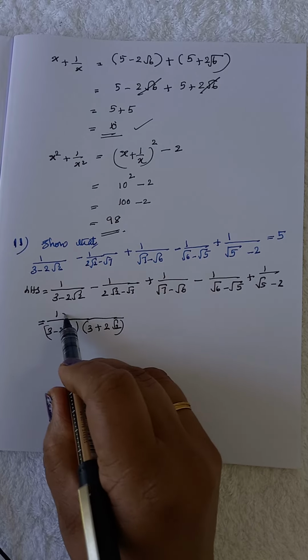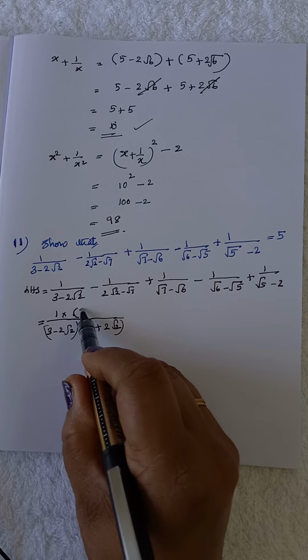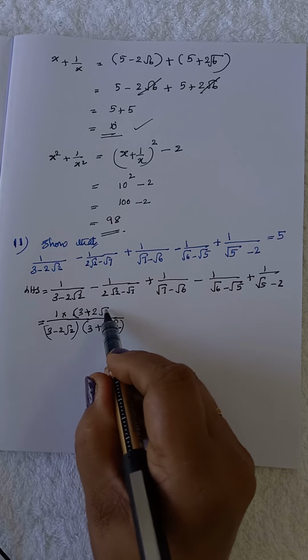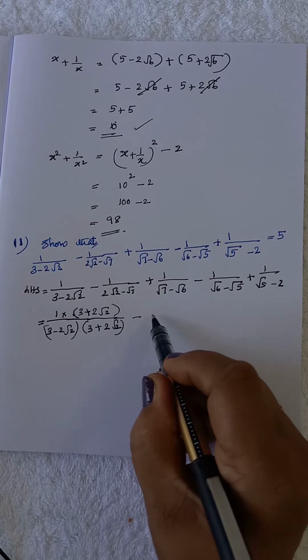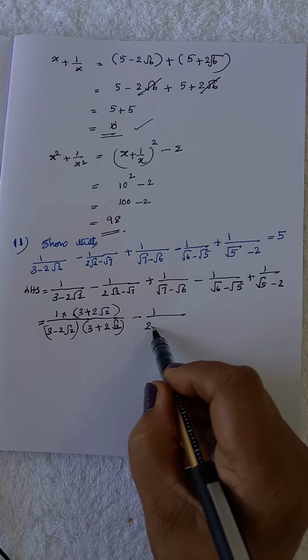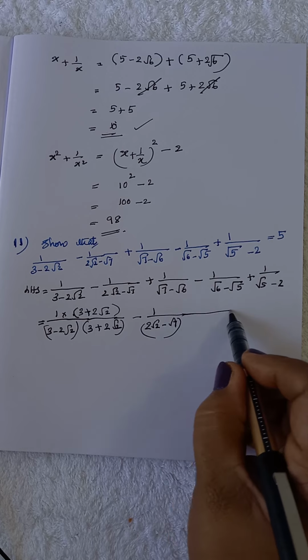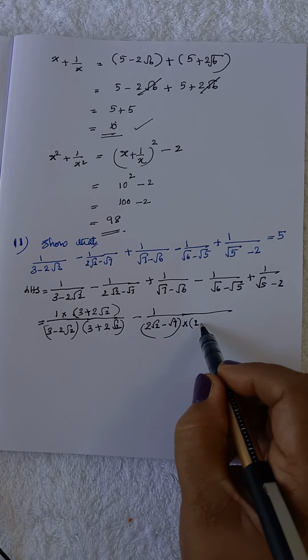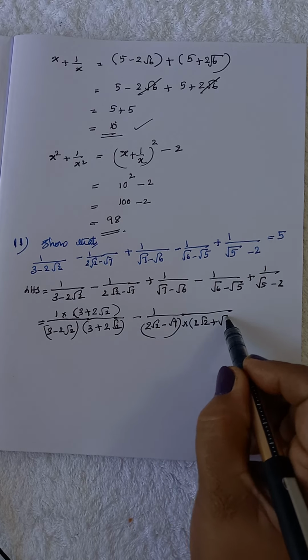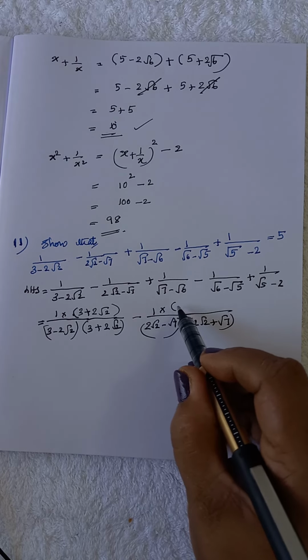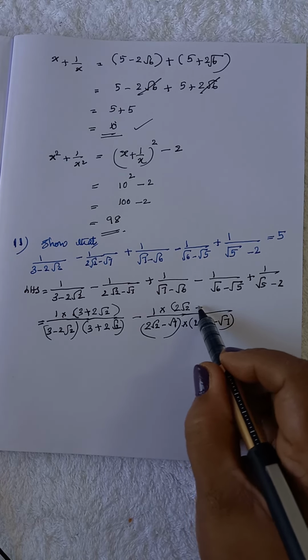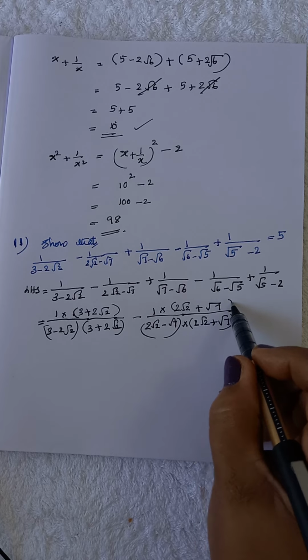So here also, into 3 plus 2 root 2. Then minus 1 by 2 root 2 minus root 7, into its conjugate, that is 2 root 2 plus root 7. In the numerator also we have to multiply 2 root 2 plus root 7.